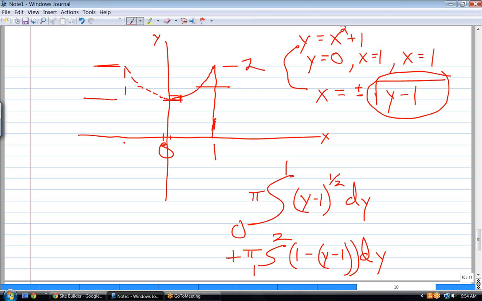For that first part, from here to here, the function y minus 1 to the 1/2 is the radius, because that's the x measurement. Remember that x is equal to y minus 1 to the 1/2.